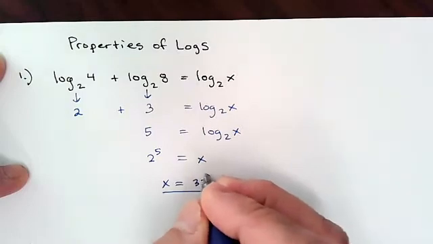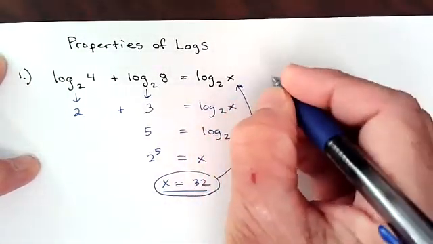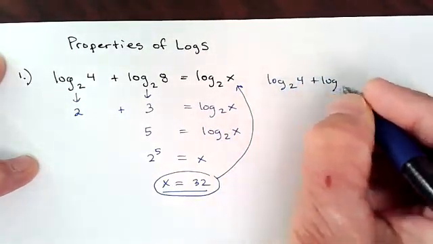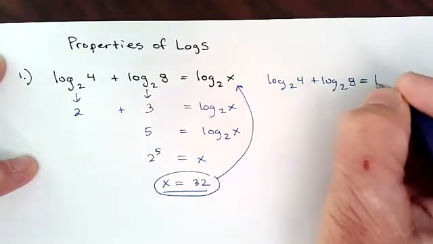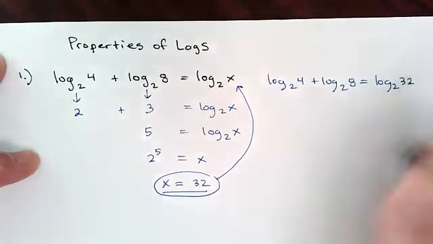So if I go back and think about my original problem, this says if I take the log base 2 of 4 plus the log base 2 of 8, it ends up equaling as a single log the log base 2 of 32.